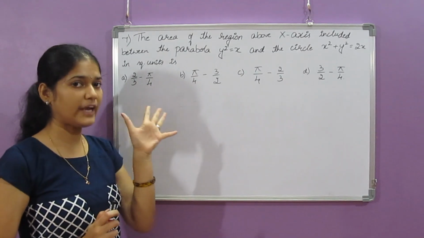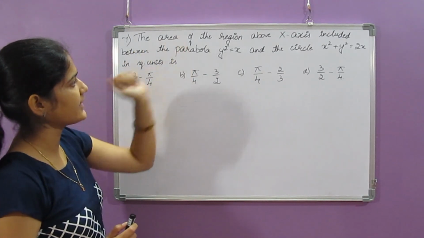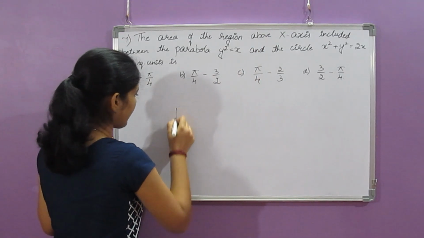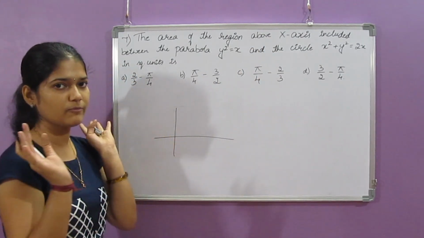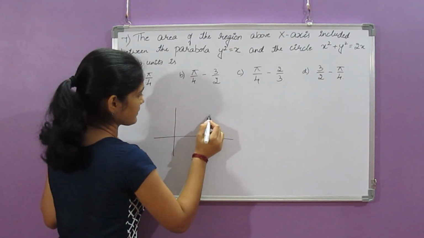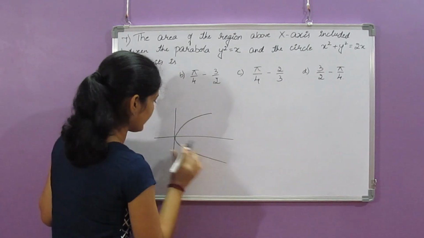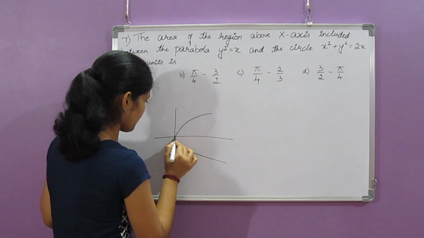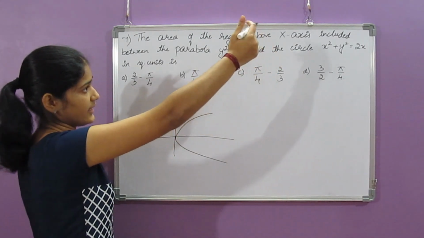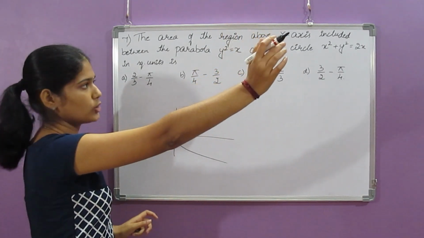In this problem we have to find the area of the region above the x-axis and included between the parabola and the circle. Now let's draw the figure for this problem. The parabola is y square is equal to x. That means it will be somewhat like this. And the circle x square plus y square is equal to 2x.